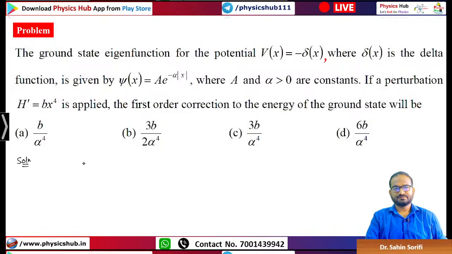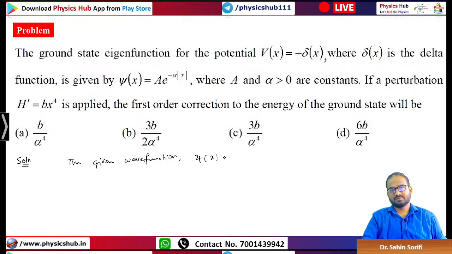Look, the given wave function A to the power minus alpha mod x is not normalized. If you calculate the normalized wave function, this is a common wave function.